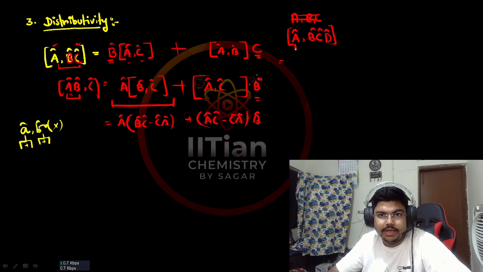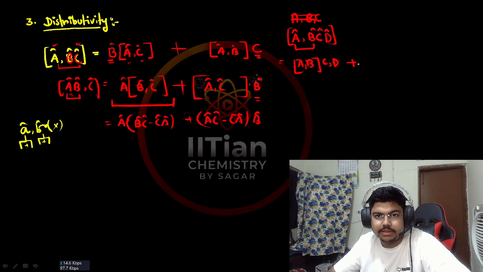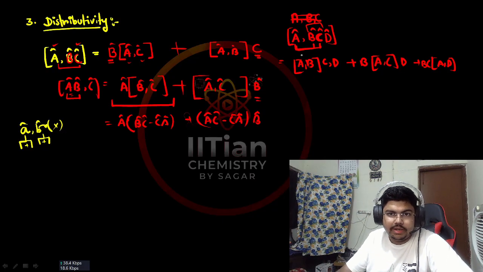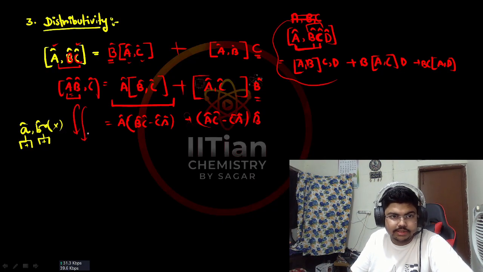First you will take AB as an operator, C comma D left, right, plus then you will take A and C, but B and D are on two opposite sides of C, so we write B here, D here, plus now AD will be there, but B and C are at the left. Okay, you can think in this way also.